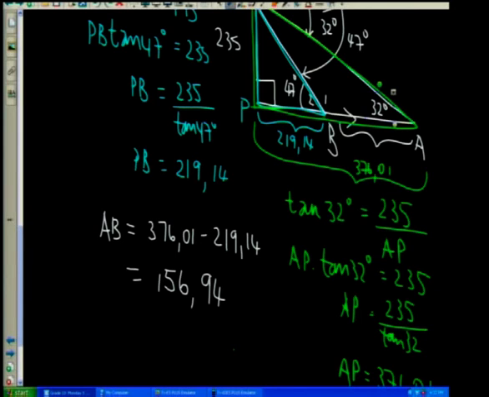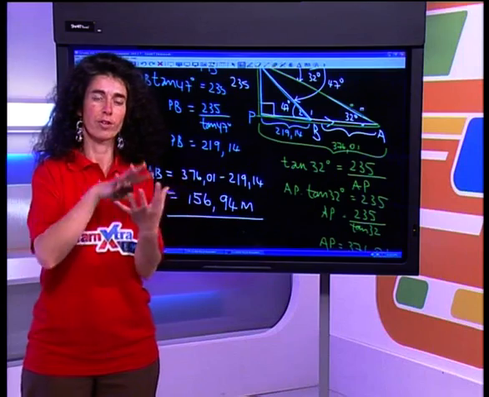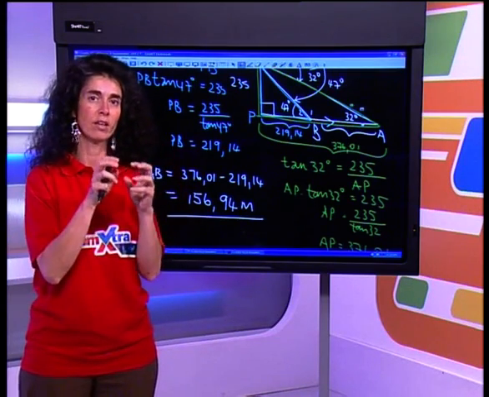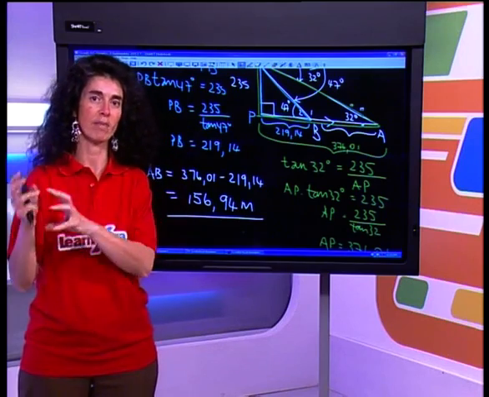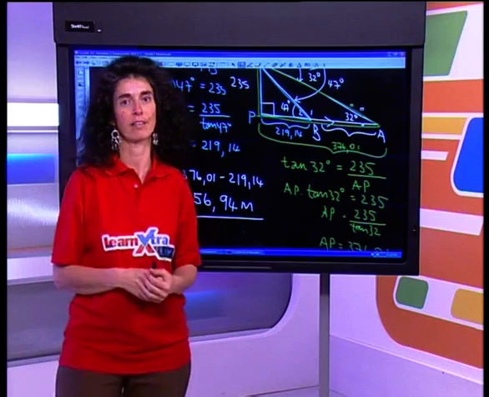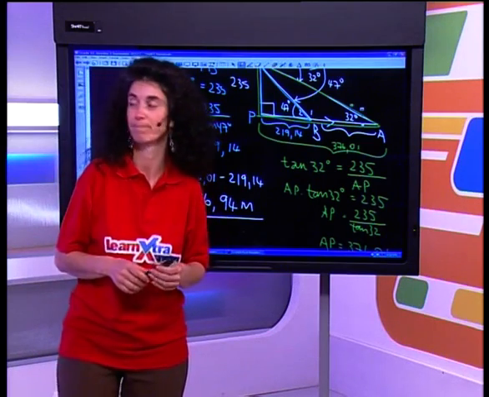I think it was in meters because the vertical cliff was 235 meters. What we've done mathematically is what we call modeling. We've modeled what was in words into a mathematical diagram, and we've been able to use trigonometry to find the length between those ships.